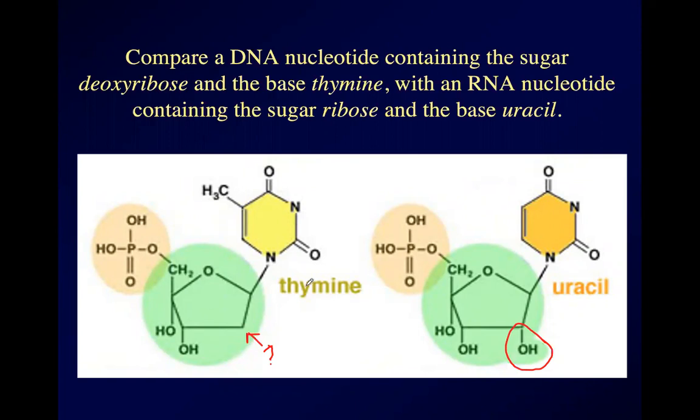And in place of thymine, there's a slightly different base that RNA uses called uracil. It uses adenine, cytosine, and guanine, A, C, and G. But instead of thymine, it substitutes a slightly different looking base called uracil.